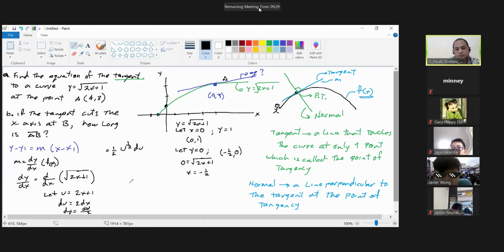Raised to negative 1/2, right? Because 1/2 minus 1 equals negative 1/2. Wait, I'm just substituting it.